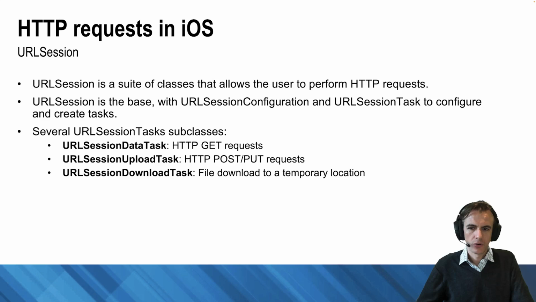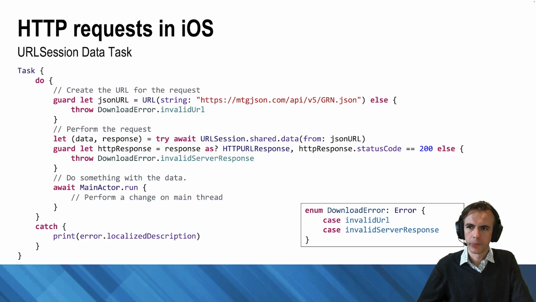And you can use URL session download task where you don't want to just get the data that's returned, but instead you want to download a file and have it saved to the file system in a temporary location. So we're going to see URL session data task, and the other two are pretty similar, and you can probably figure them out from the documentation or ask questions if you get stuck.